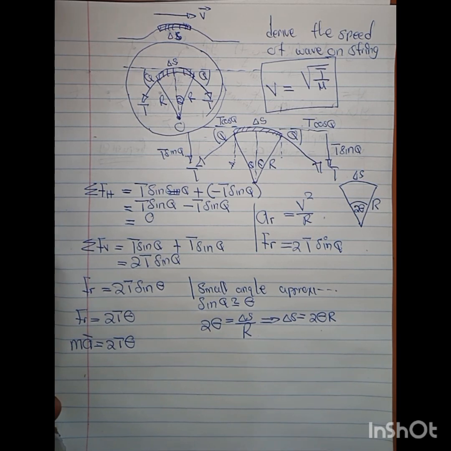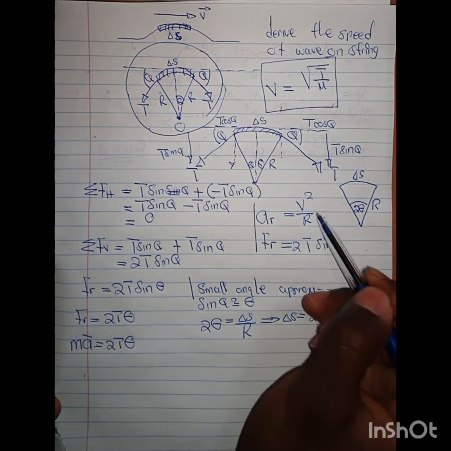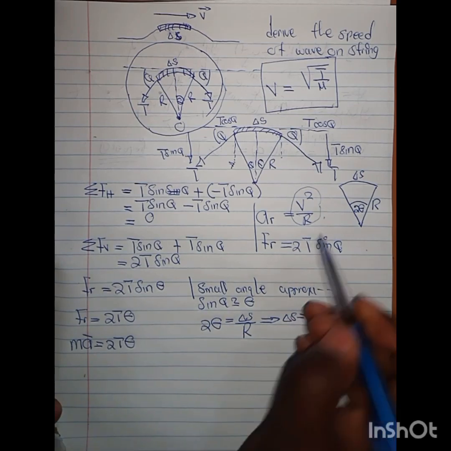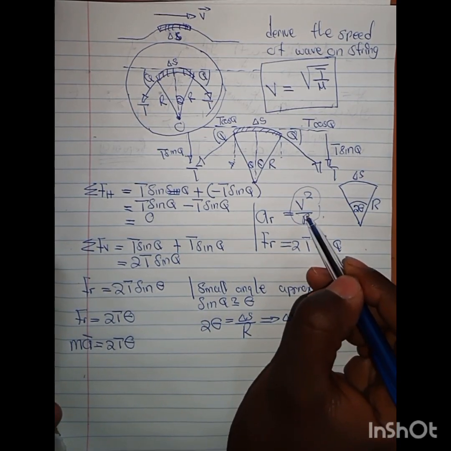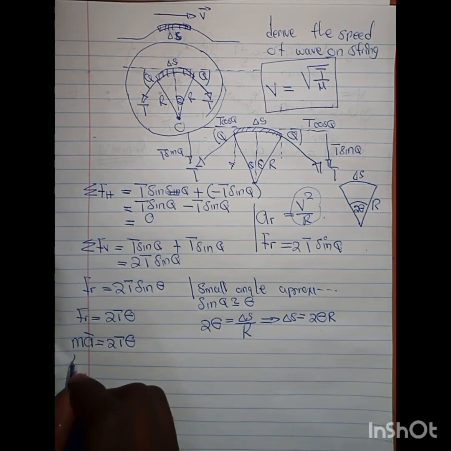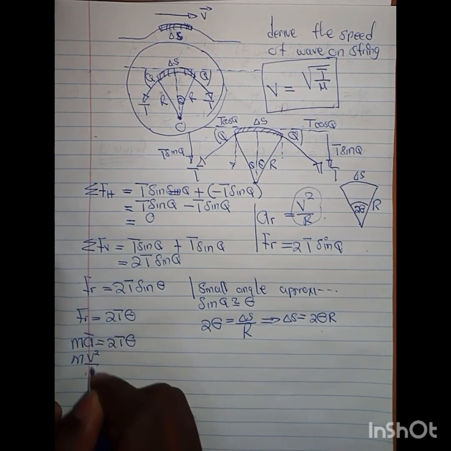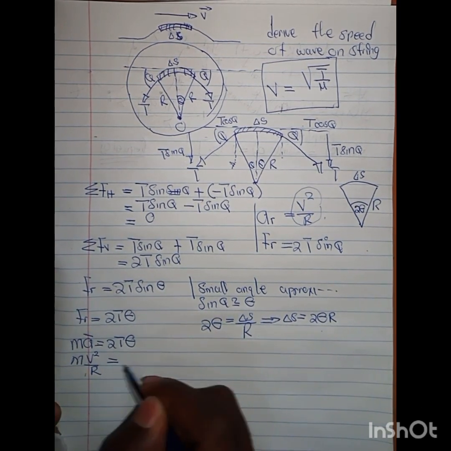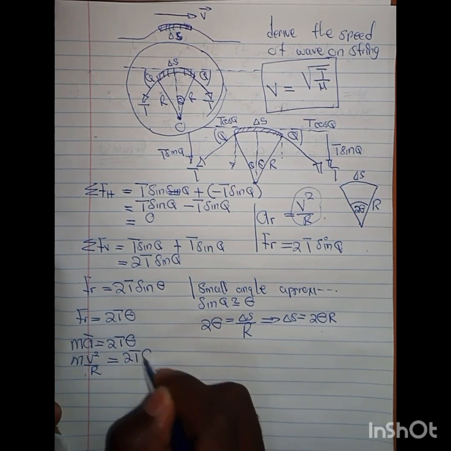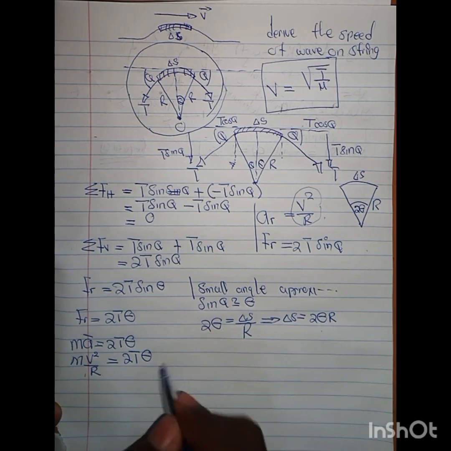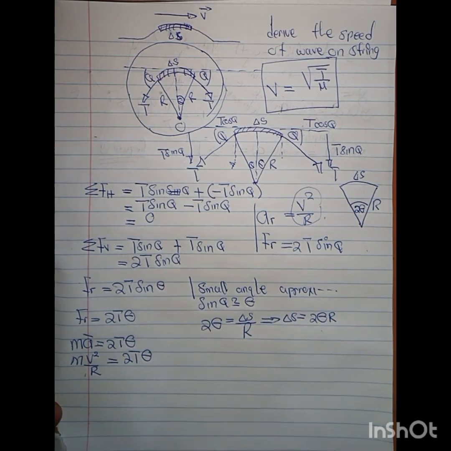Remember, we have said that this object experiences a radial acceleration. The acceleration is given by this form. So in place of a, we can substitute v squared over r. So m multiplied by v squared over r will be equal to 2T theta, like that. All right, so this is what we have for now.